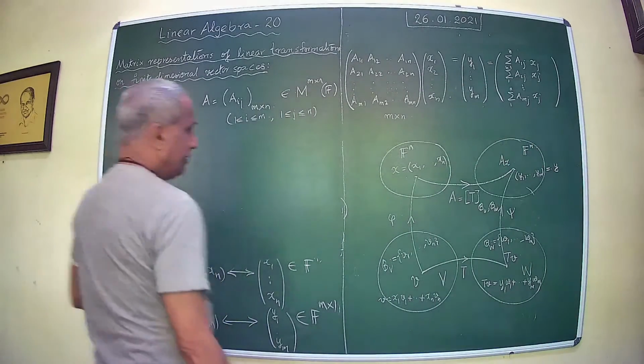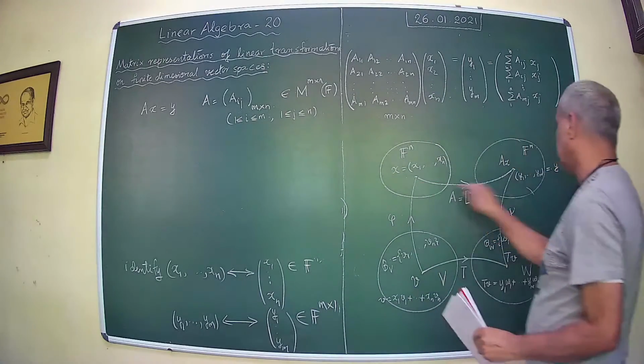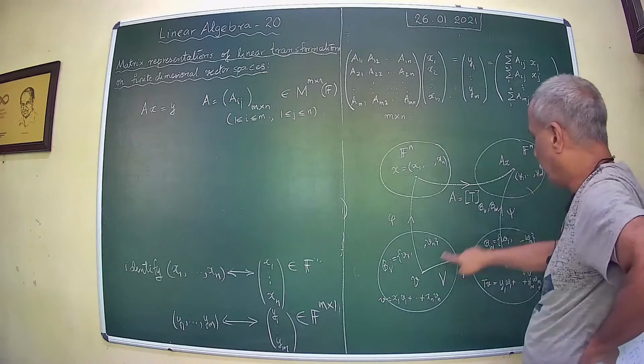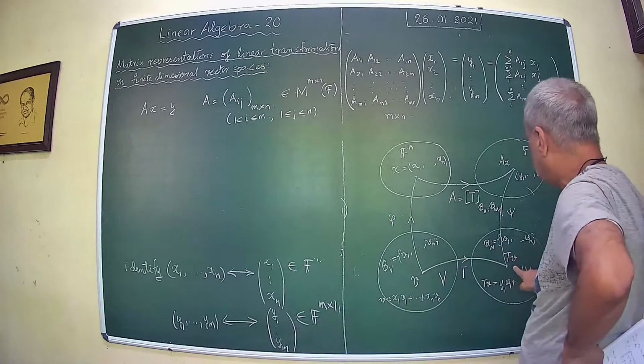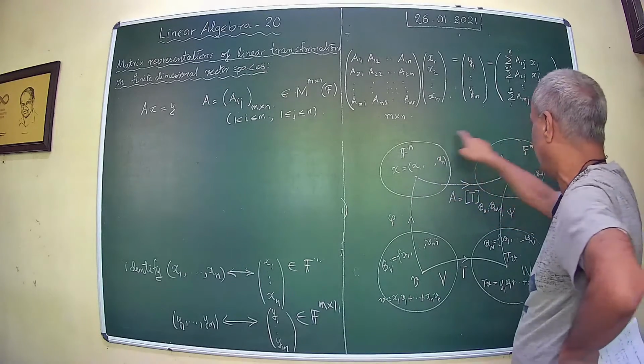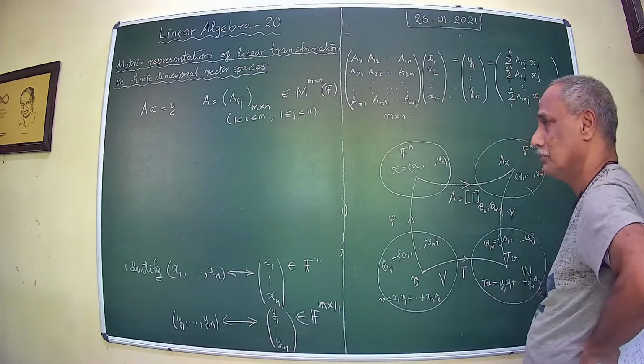So what do we have? We have now defined A maps x to Ax. So for every v getting mapped to TV here, there is a corresponding action taking place from Fn to Fm.